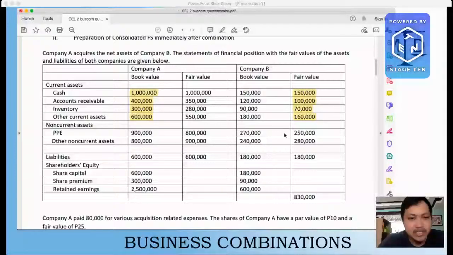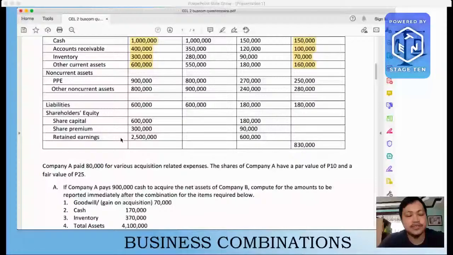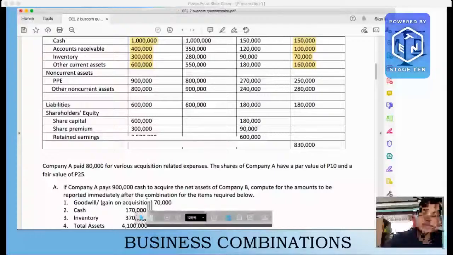In our problem class, we actually have the answers here. The scenario is that company A uses 900,000 cash to acquire the net asset of company B, and we compute the amounts to be reported immediately after the combination for the items required below.